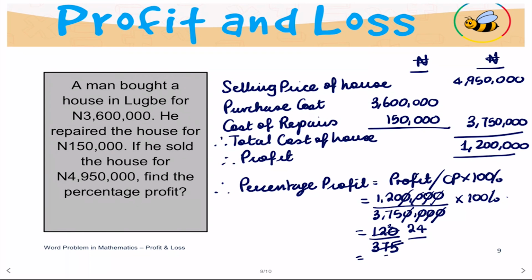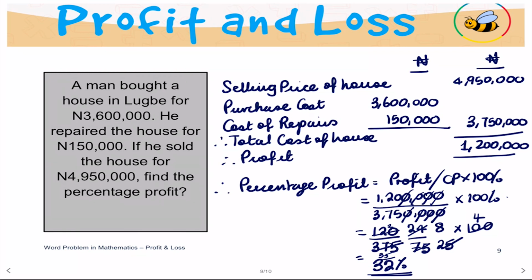This is 7. That's 35. Remaining, that's 75. What else can go in? I think 3 can go in. So if 3 goes in here, this is going to be 8. If 3 goes in here, it's going to be 25. So it's 8 over 25 times 100, which should give you 32% profits.